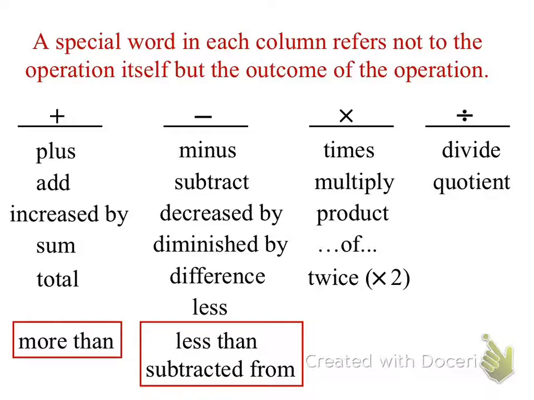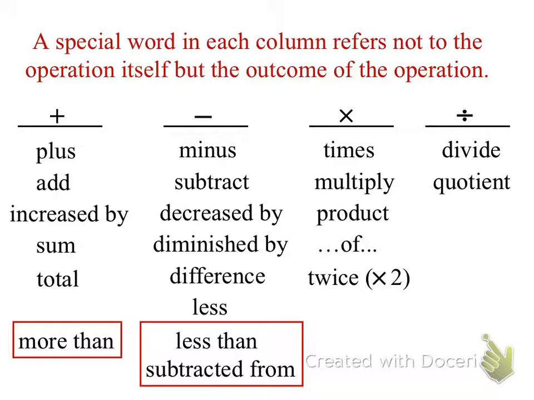All right. So in all of these procedures, adding, subtracting, multiplying, and dividing, there are words that imply results from those actions. In this first column, which word signifies a result of adding?